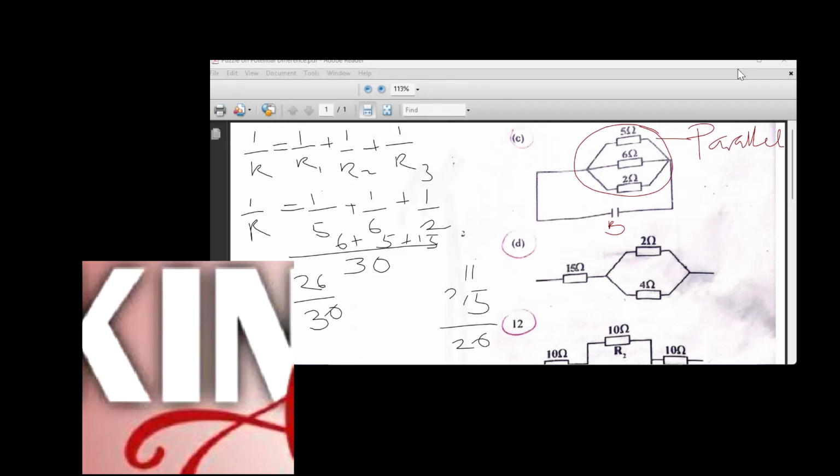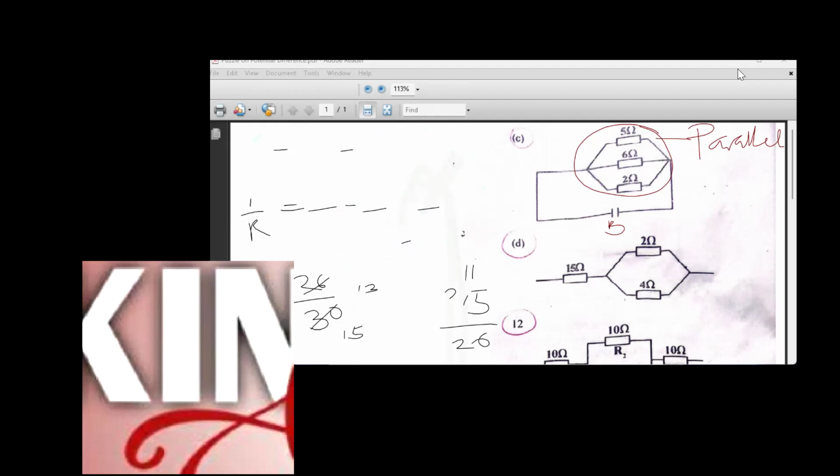Dividing by 2, we have 13 over 15. So we have 1 over R equal to 13 over 15.